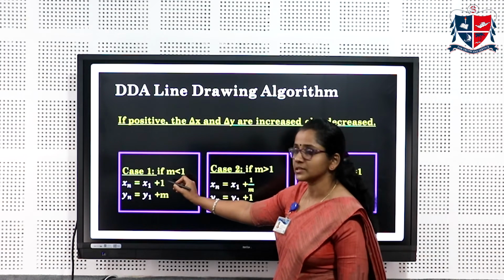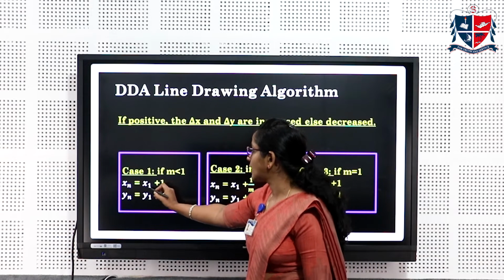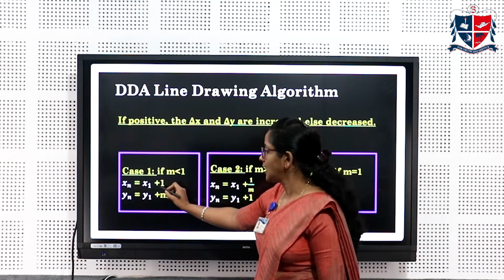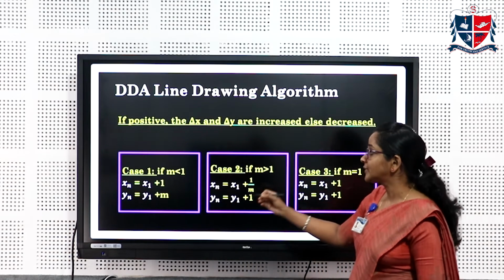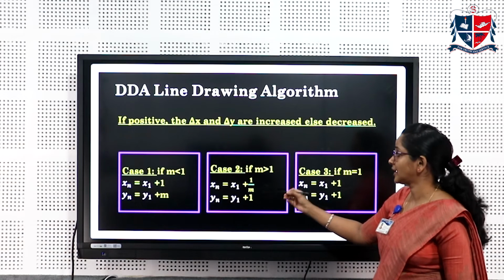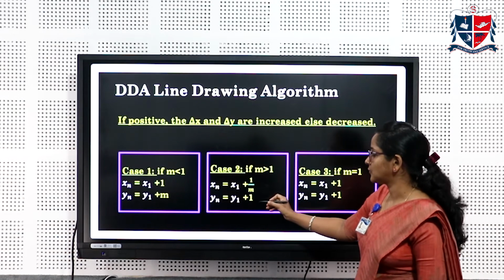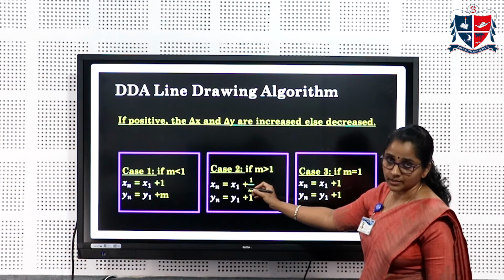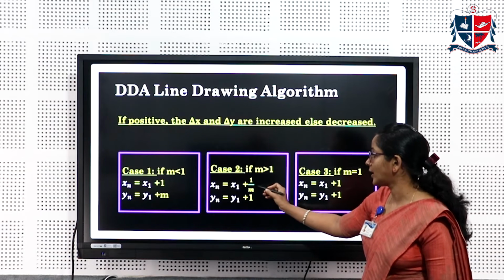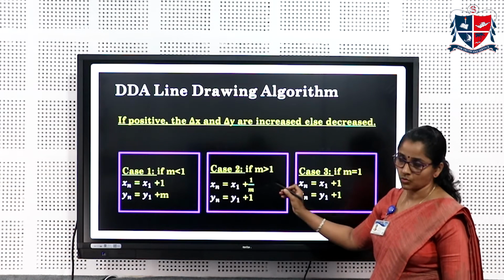If m is less than 1, xn, that is the next point, is x1 plus 1 and yn equals y1 plus m. Similarly, case 2, if m is greater than 1, xn, that is the next pixel to be plotted on the x-axis, equals x1 plus 1 by m, and yn equals y1 plus 1.